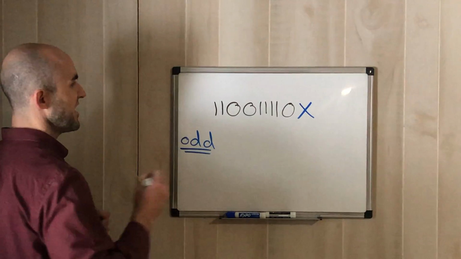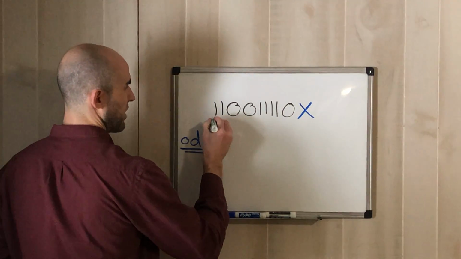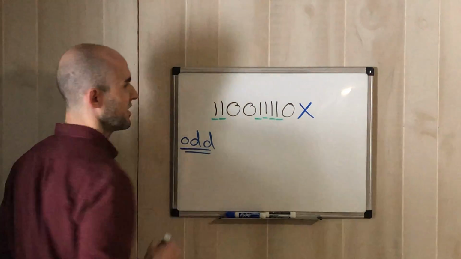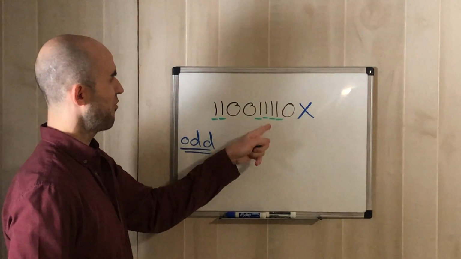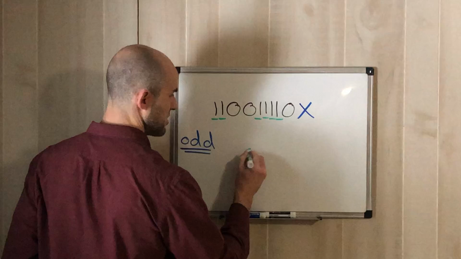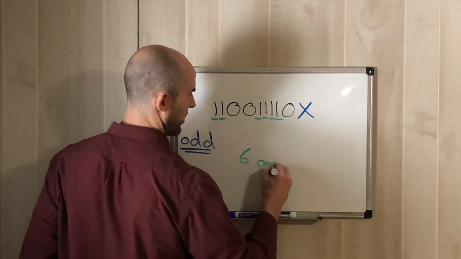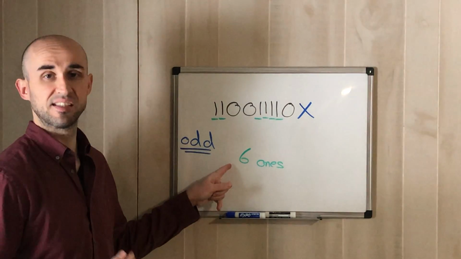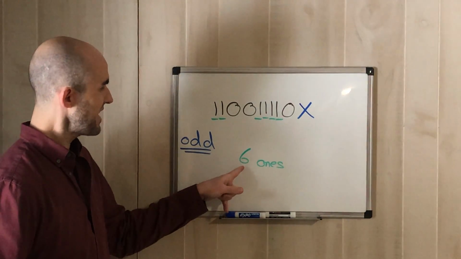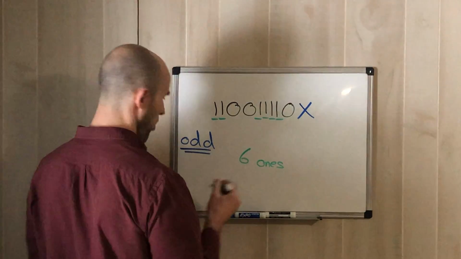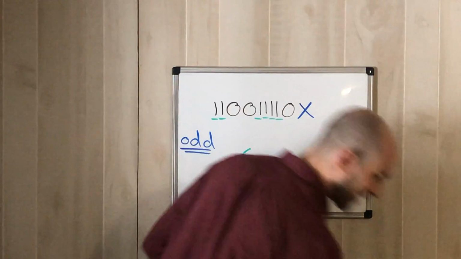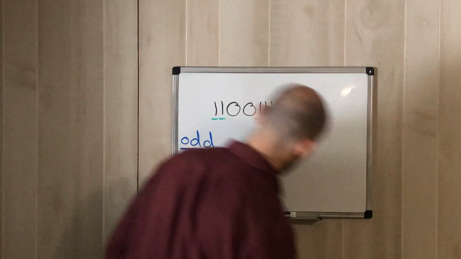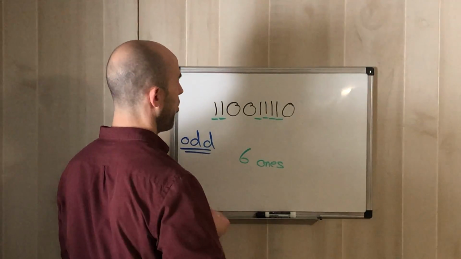So the same idea, guys, let's count our ones. We have 1, 2, 3, 4, 5, 6. We have 6 ones. We want it to be odd. 6 is even. So since 6 is even and we want it odd, we are going to have to make x a 1.